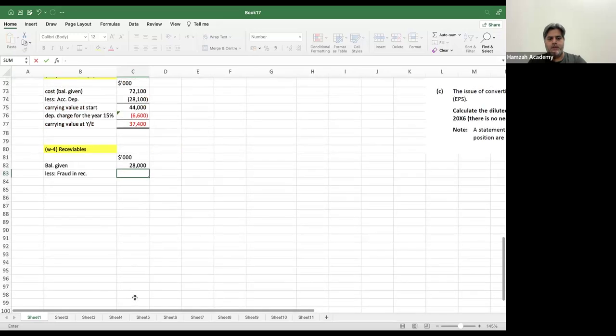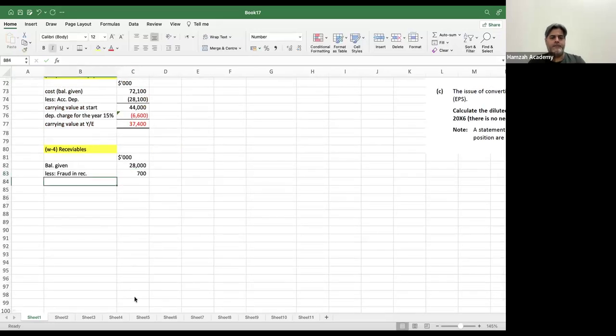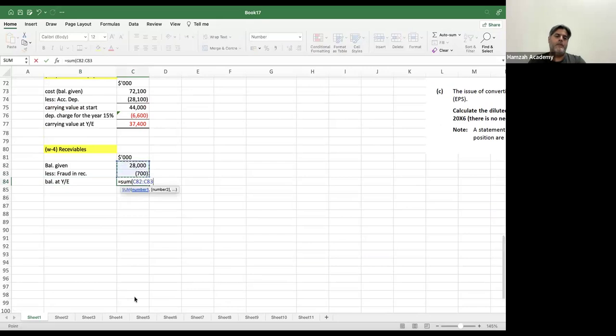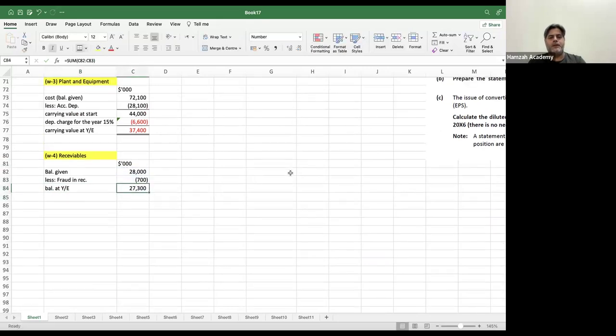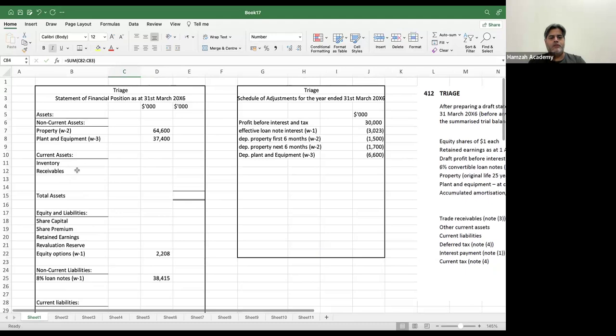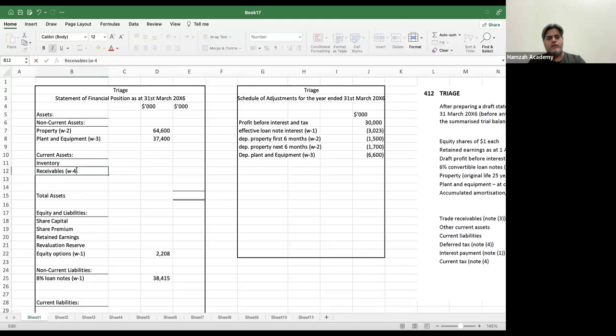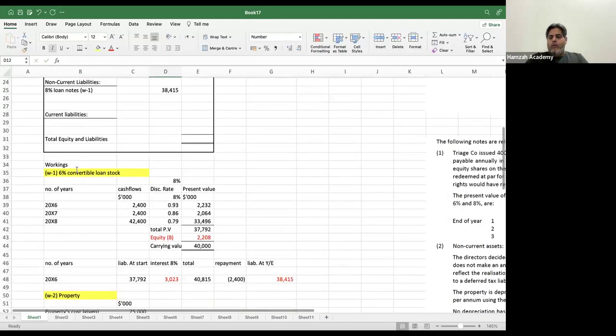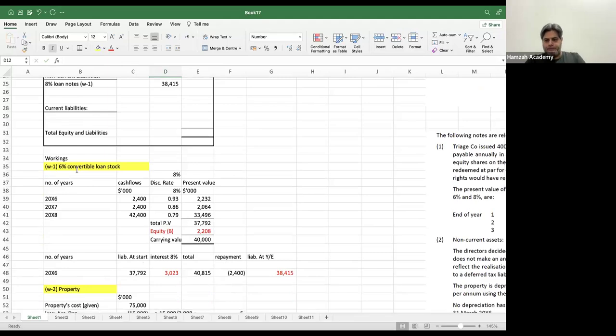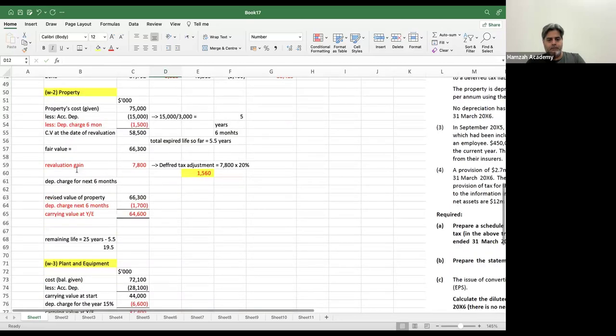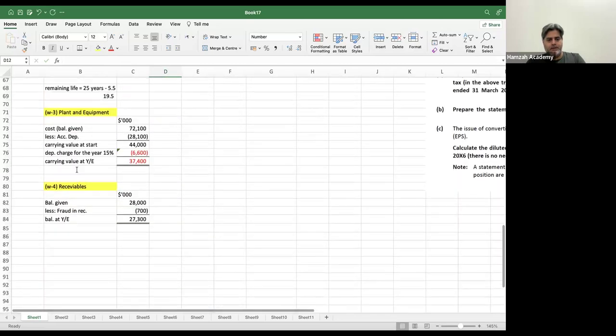So I'll straight away go here. I'll minus the 700. So balance at year end is going to be 27,300. I'll go over here. 27,300.